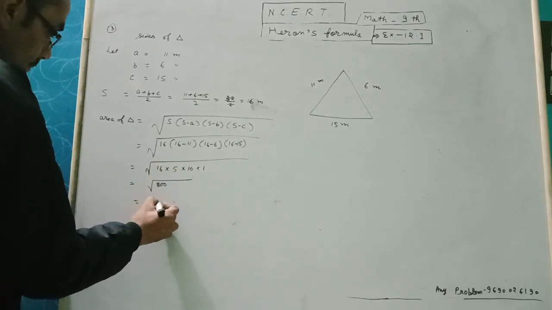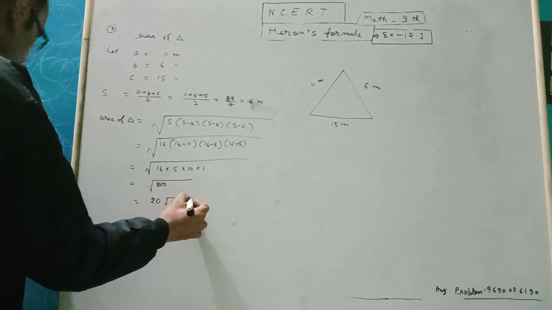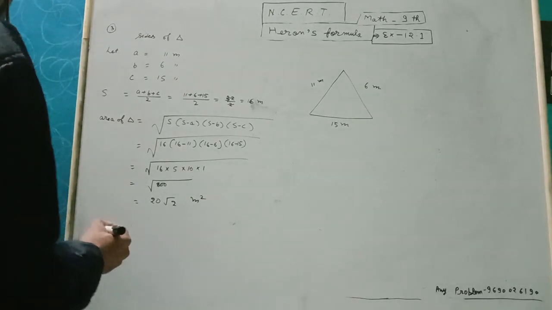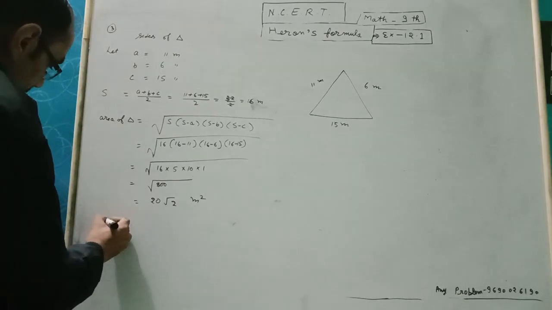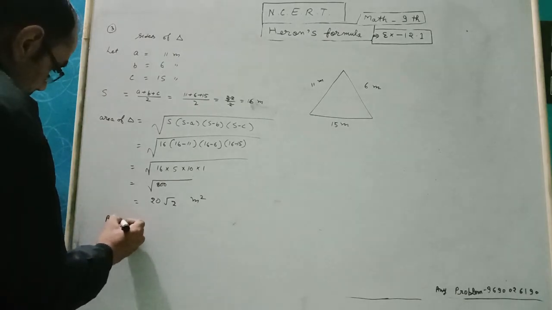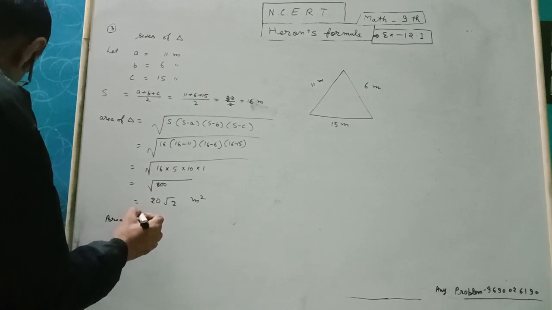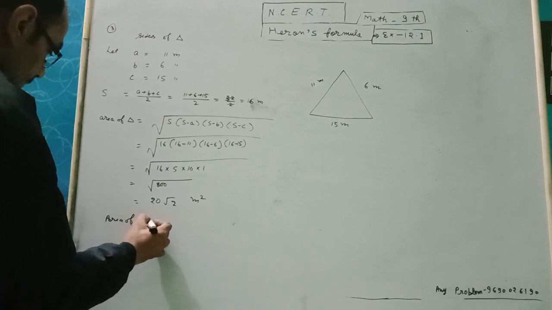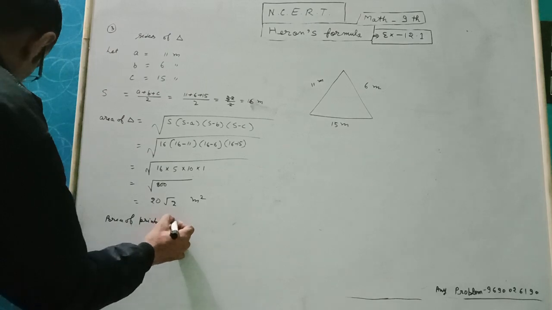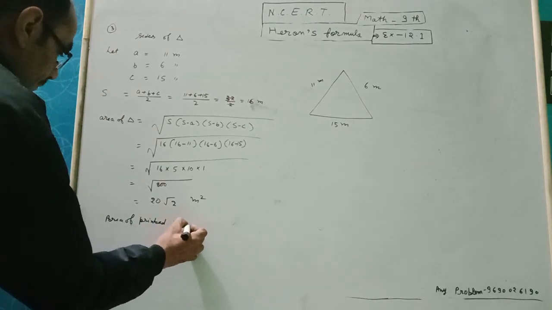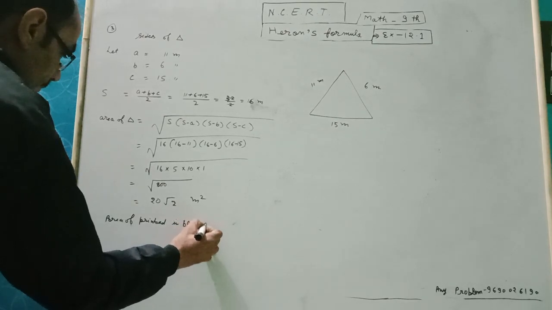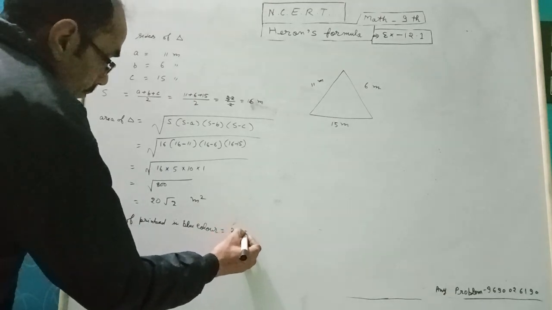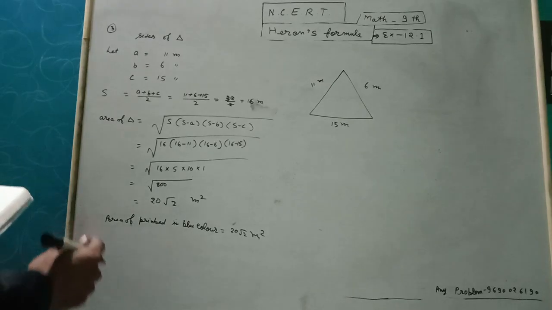After multiplying, 800. After under root, 20 under root 2 meter square is the area of the triangle. The area painted in blue color is equal to 20 under root 2 meter square. Thank you.